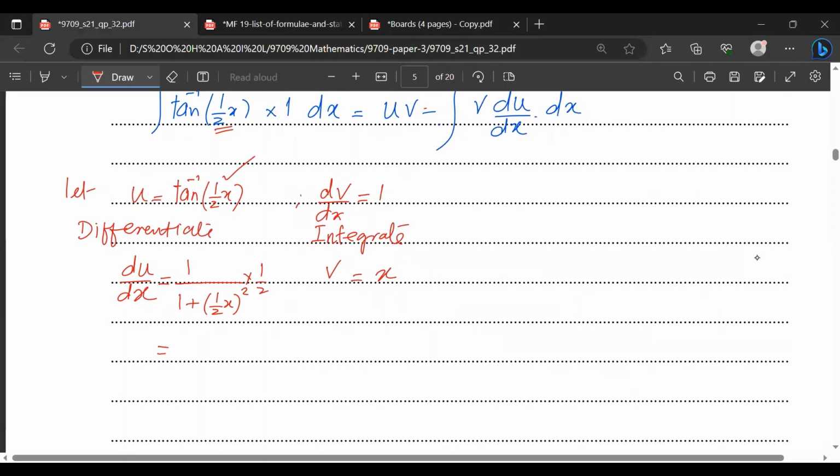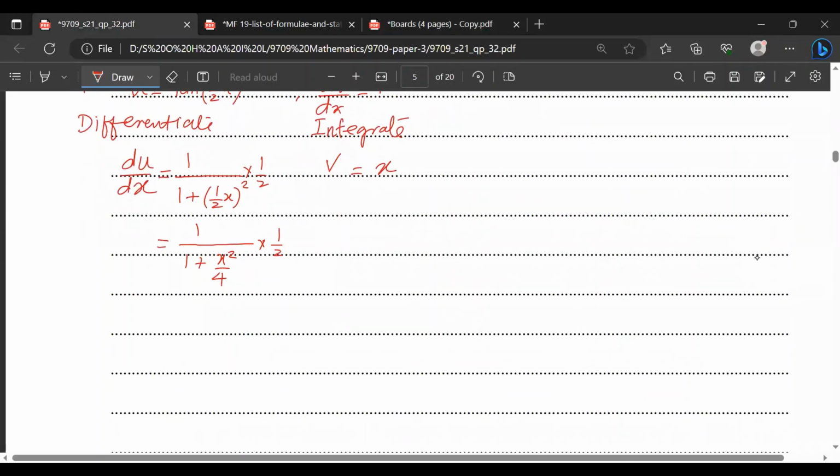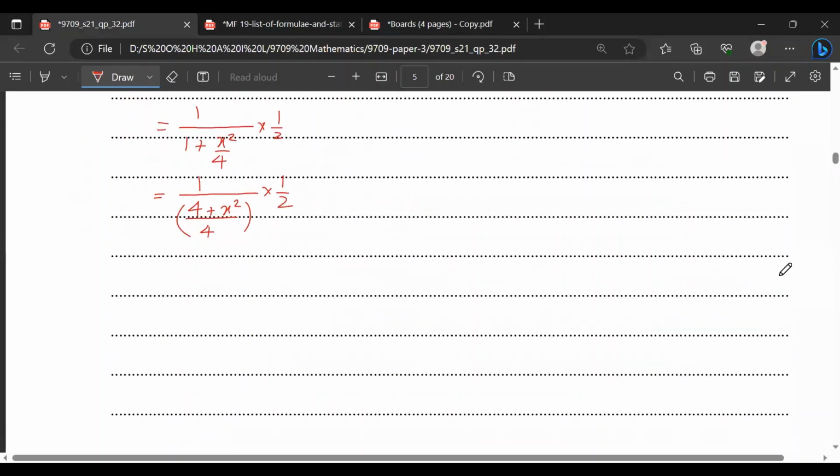You can always simplify 1 over 1 plus x square over 4, times half. I'm simplifying the du by dx expression. You can take the LCM, 1 over 4 plus x square over 4, or do it directly: 1 over 2, and this 4 can be shifted to the numerator.